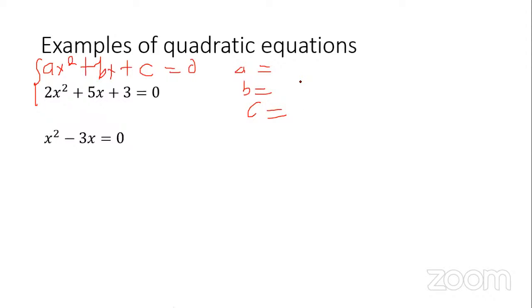Okay. If we go to the second one, and we still compare it with ax squared plus bx plus c equaling to 0, what would be the values of a, b, and c? A will be equaling to 1. Yes. B will be equaling to 3. Then C will be equaling to 0. Okay. Any other with different answers?